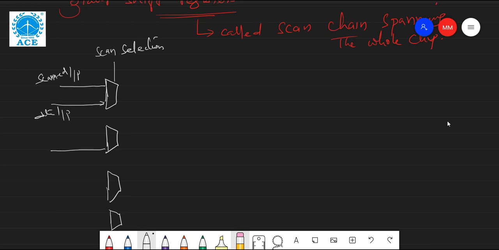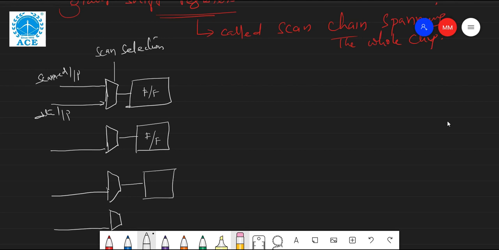It also consists of flip-flops, and the flip-flops have a clock.